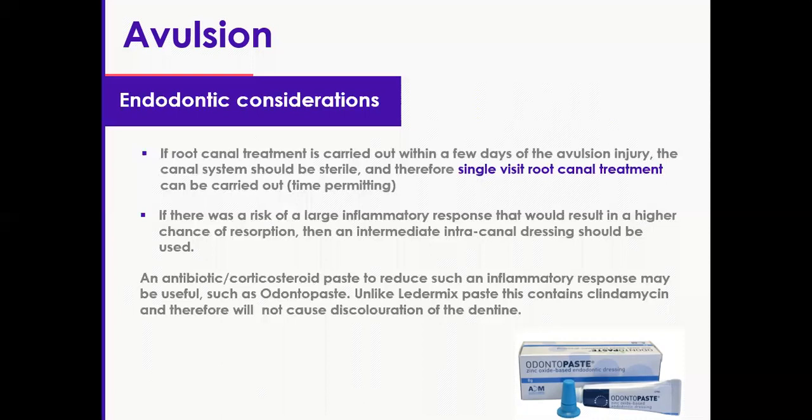It may be useful in reducing the risk of inflammatory root resorption. But again, if it is an immediate presentation, just do it as soon as possible. Single visit will do. However, if it's a delayed presentation, then yes, you can use a dressing which has got antibiotic and corticosteroid.